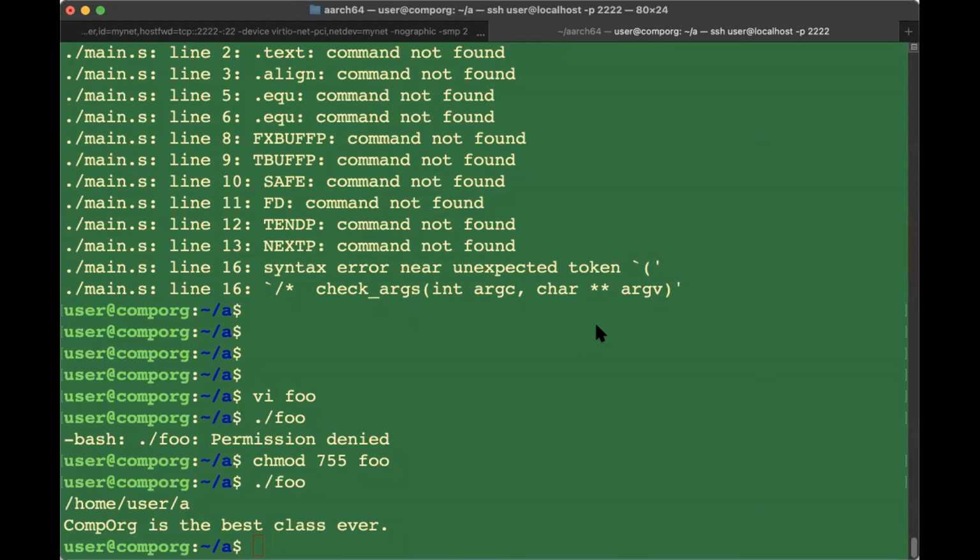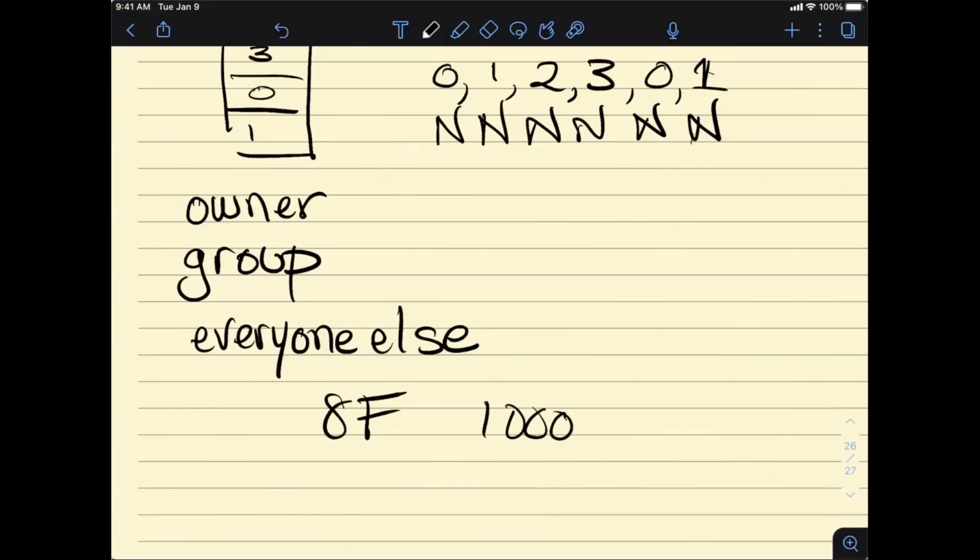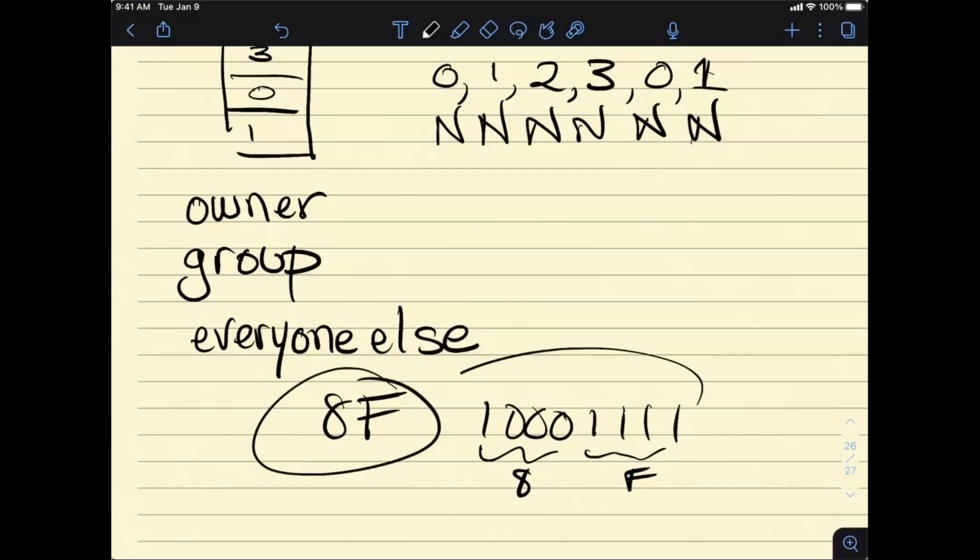Let's go here. So 8f is 1000 1111. So here's 8, and here's f. It doesn't matter on a given machine. 8f will always correspond to this value, whether it's big endian or little endian.